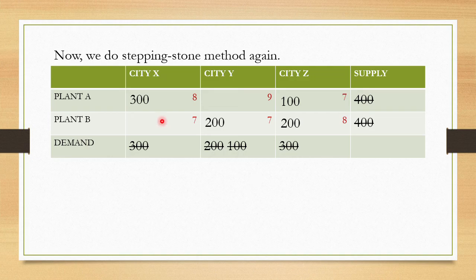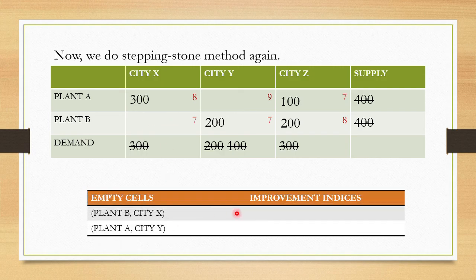Now, when we update the transportation model, we don't have to compute the transportation cost. We can check the improvement indices instead. In this updated transportation model, plant A, city Y and plant B, city X are the unused cells. Let's compute their improvement indices.